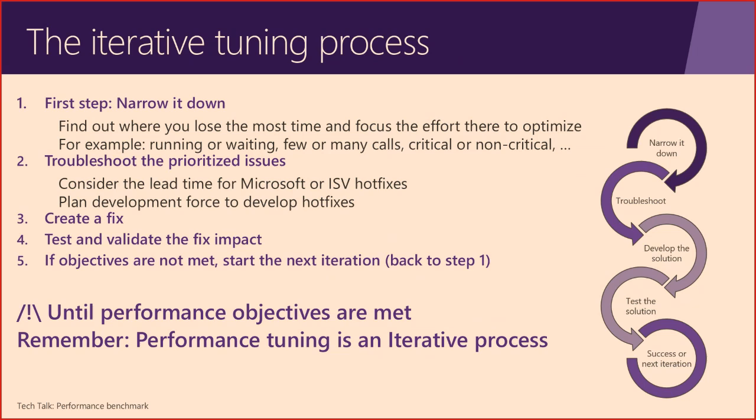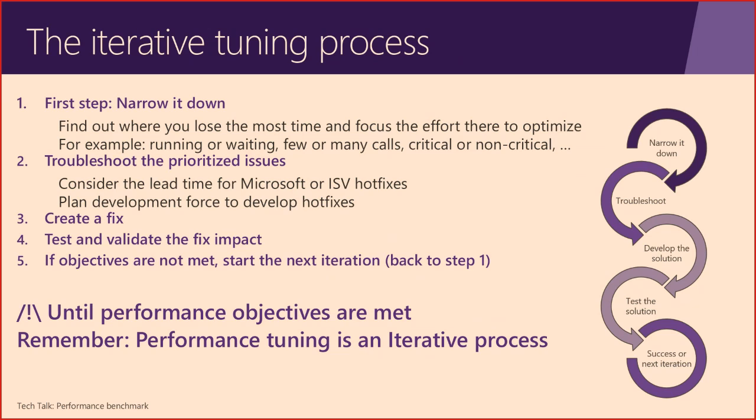if there's a very obvious issue to fix, you will then work on the prioritized issues to develop a fix or request it to Microsoft if it's a standard bug, or to the ISVs. You will get those fixes and you will test again. In the report, you will then see if now you can achieve the objective or not.